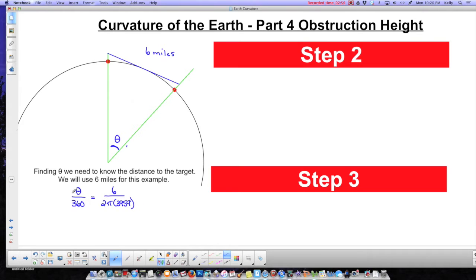Now, in order to solve for this angle, I need to multiply both sides by 360 degrees. Theta is being divided by 360 degrees, so to get rid of it, we do the opposite. So I'm going to multiply both sides by 360, which on this side gives me 6 times 360, divided by 2 pi times 3959.